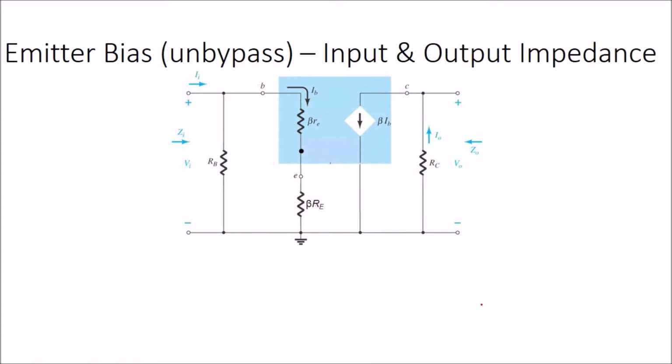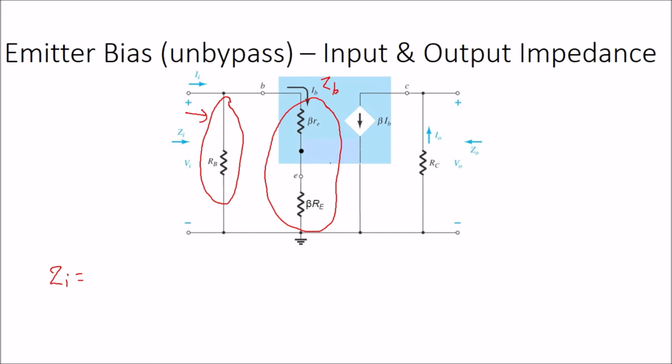So you can use the previous techniques to find the value of Zin. If you look from left to right, you can find it. This resistor is parallel with this resistor. This resistor we usually represent as ZB.